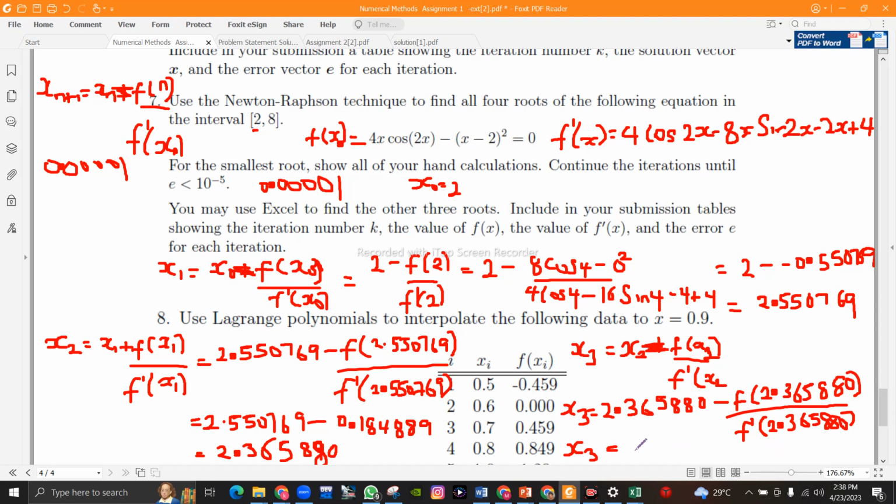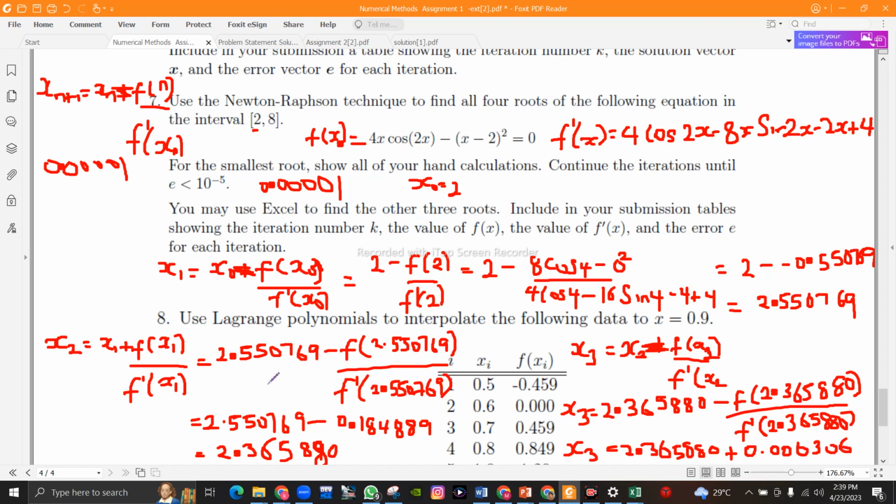After pressing the calculator again, I got 2.36580. Then this gave me minus 0.006 plus 0.0063306.